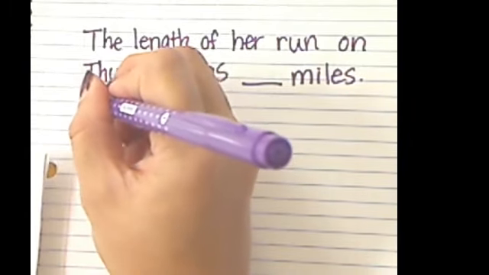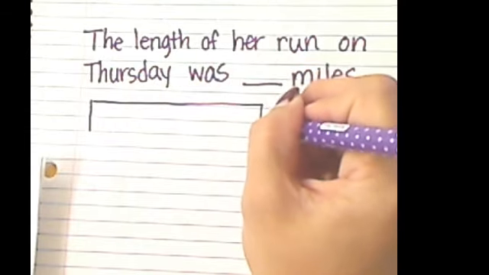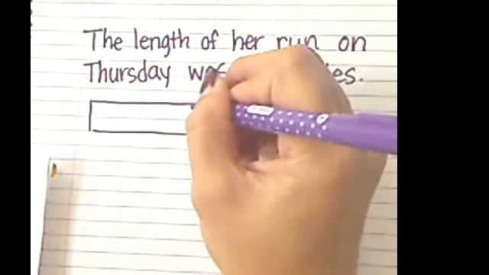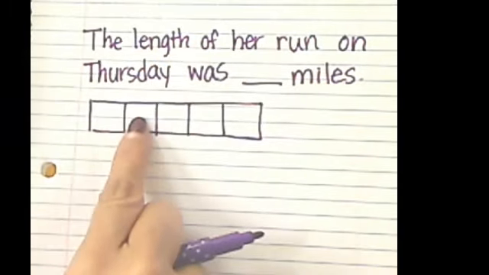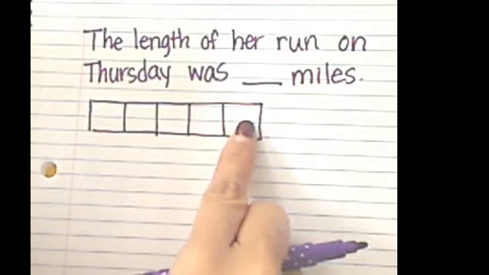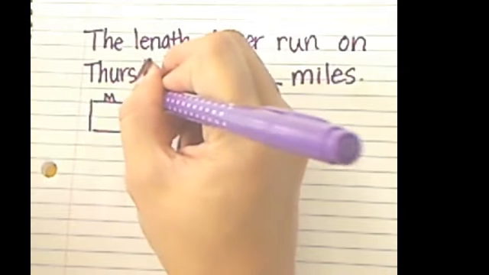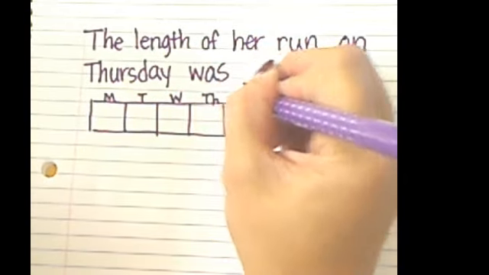There are 5 days, so I'm going to make a bar, and I'm going to make 5 days' worth. 1, 2, 3, 4, 5. That's Monday, Tuesday, Wednesday, Thursday, Friday.